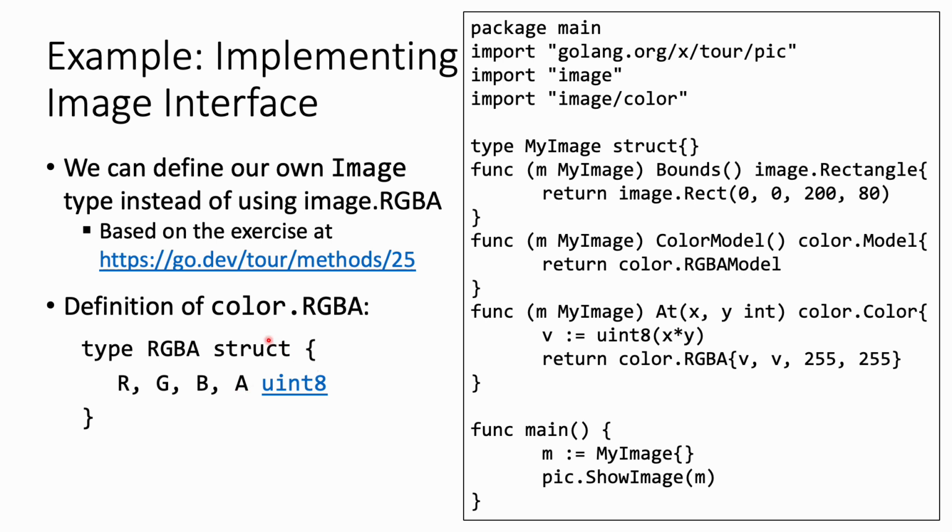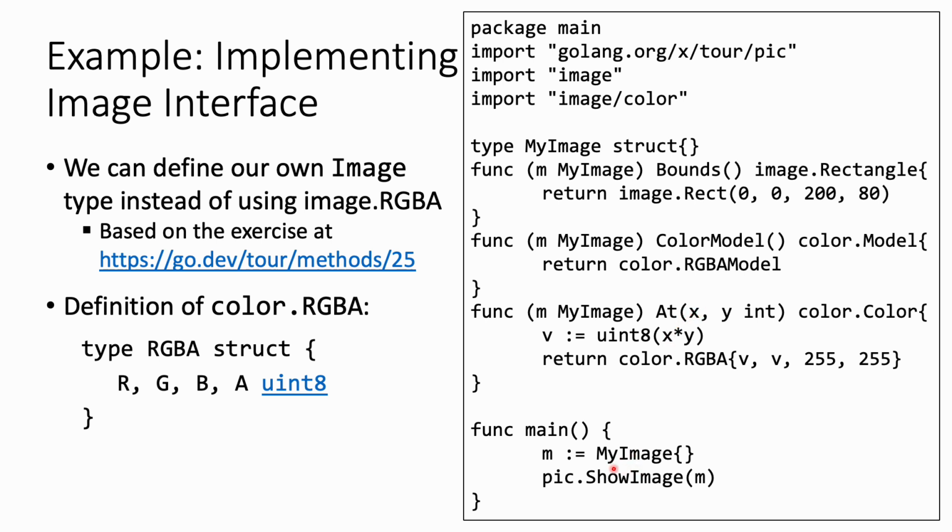The color.RGBA instance returned by our method At has the same value v for the red and green, and the same value 255 for blue and alpha, where the value v equals the multiplication of the x and y arguments of the given location.